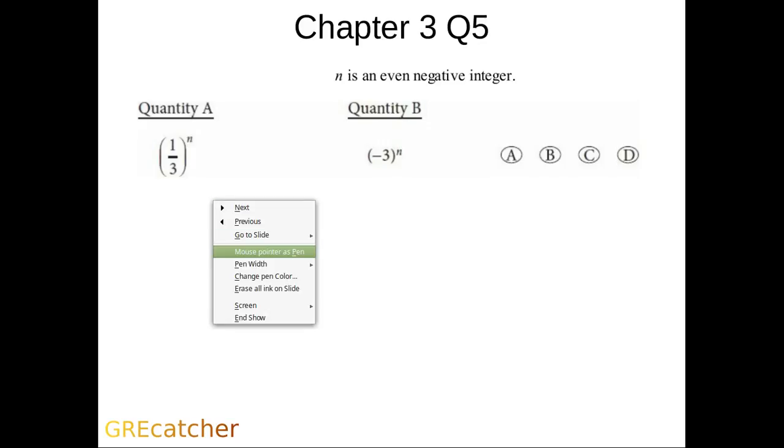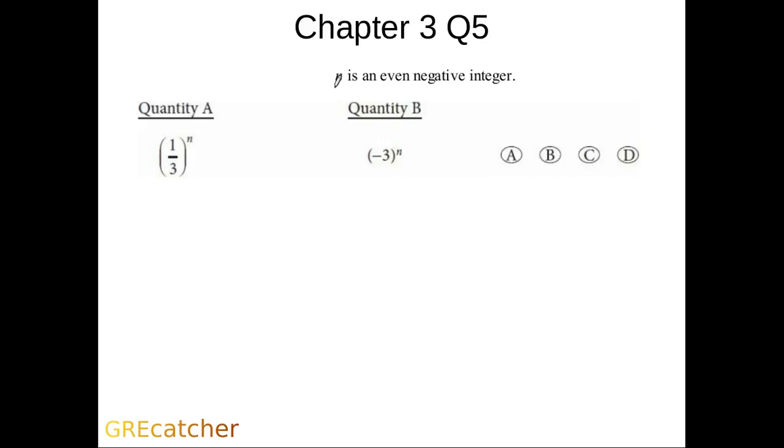Remember from the previous video that if you have an unknown value, it could be anything. It could be positive or negative, integer or a fraction, odd or even. And as usual in the GRE, it usually gives you a restriction.